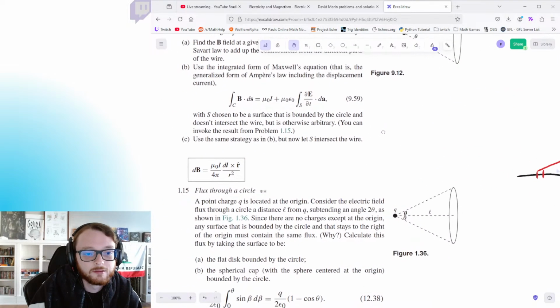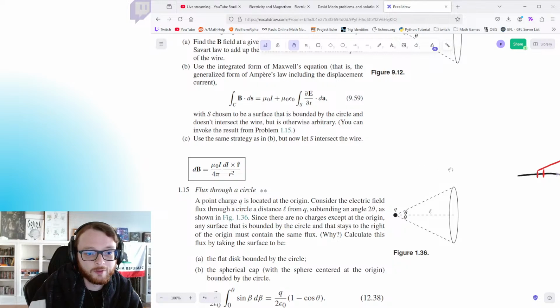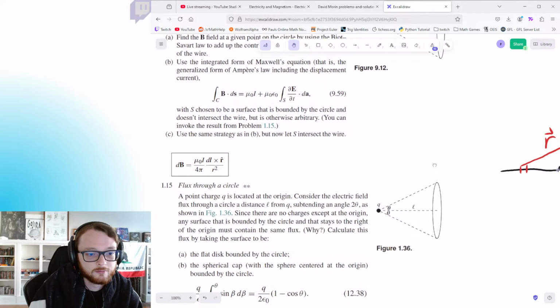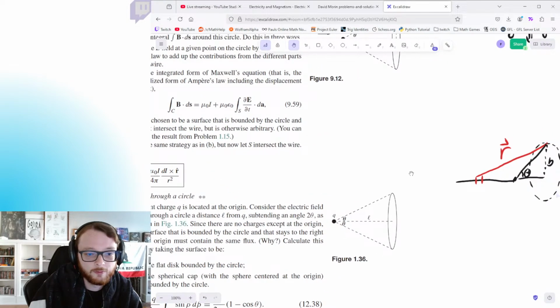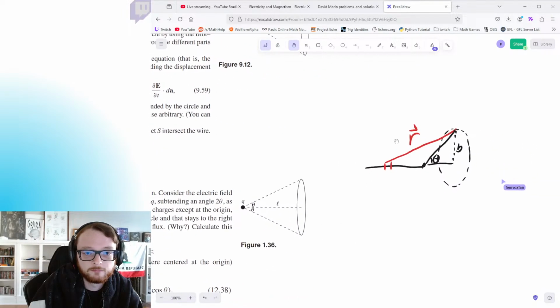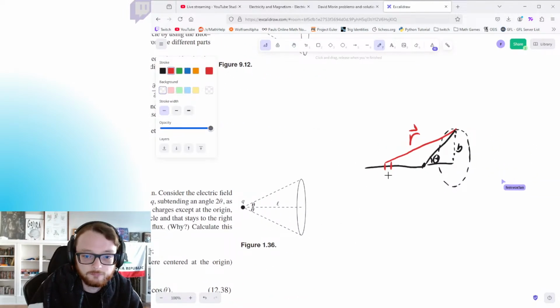Or I think it's a unit vector that points along the wire in the direction of current. So it's like that. Yeah.